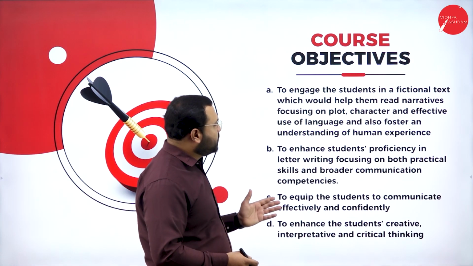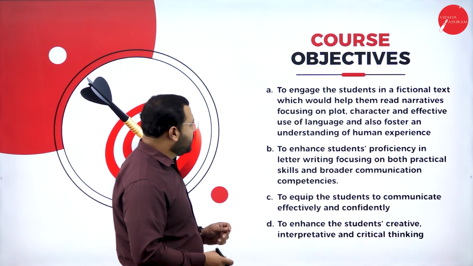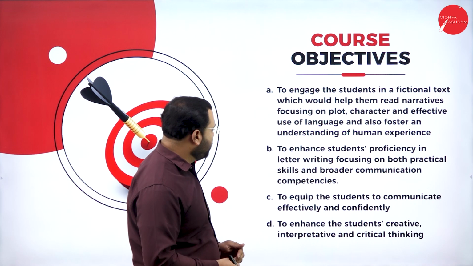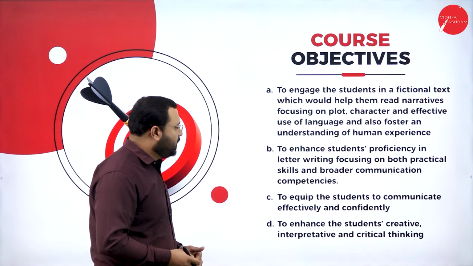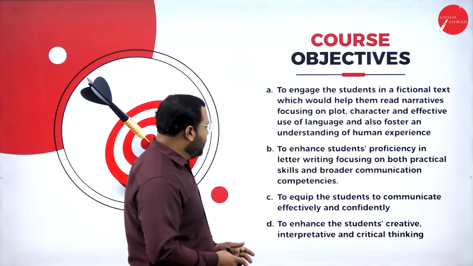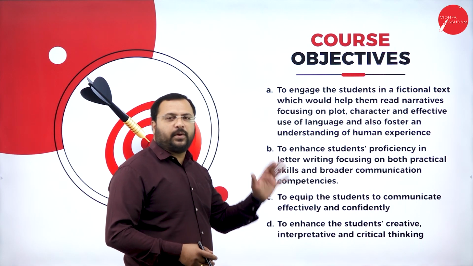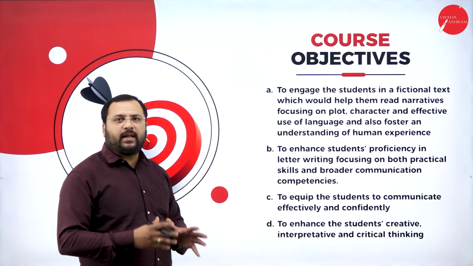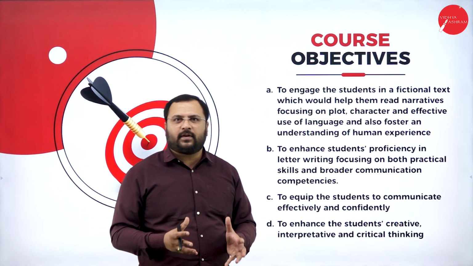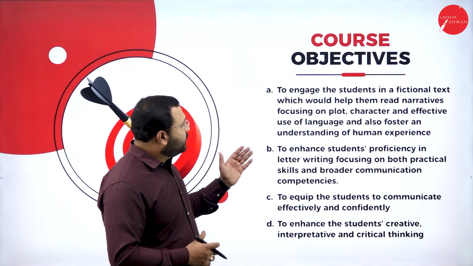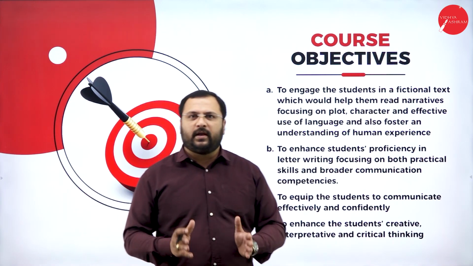To enhance students' proficiency in letter writing, focusing on both practical skills and broader communication competencies. To equip the students to communicate effectively and confidently. To enhance the students' creative, interpretive and critical thinking. So it aims at enhancing all the critical aspects of a student's mental abilities. These are the course objectives of this sem's English paper.